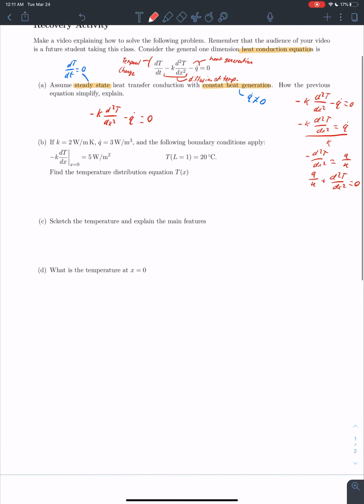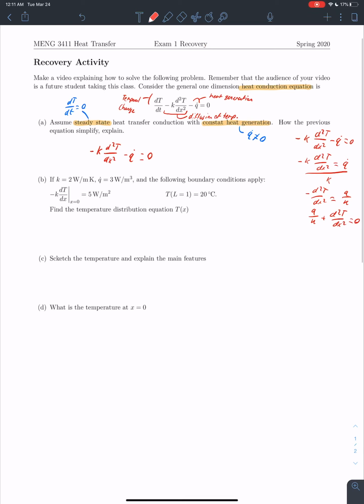So now to find the temperature distribution equation, we're going to integrate the heat conduction equation a couple times. The first integration yields this right here. This can be plus, it can be minus, it really doesn't matter.